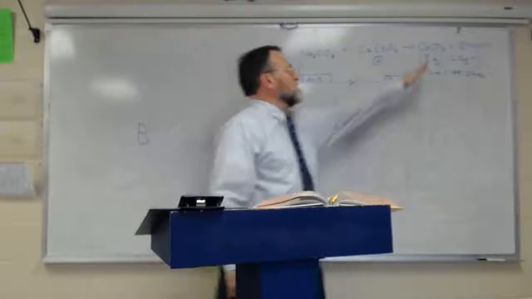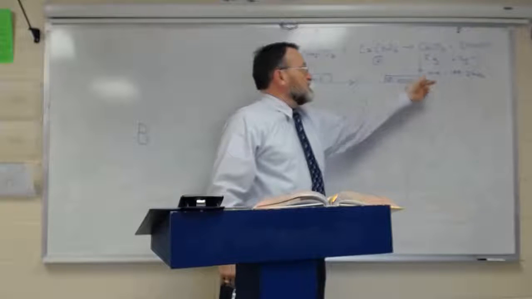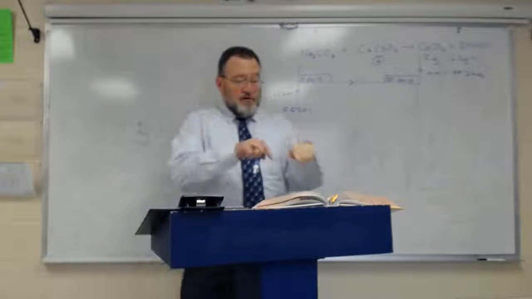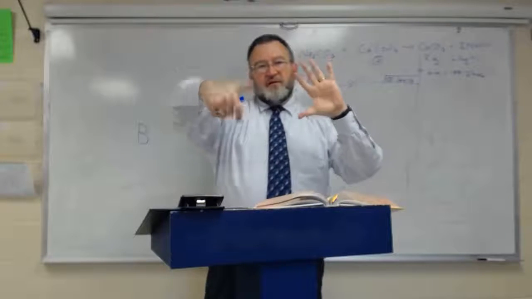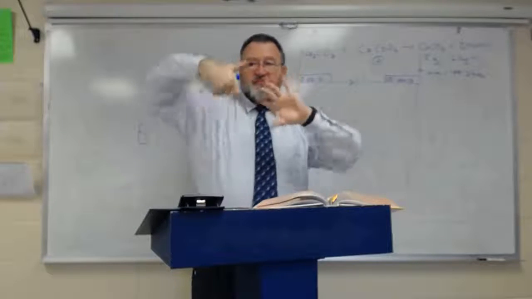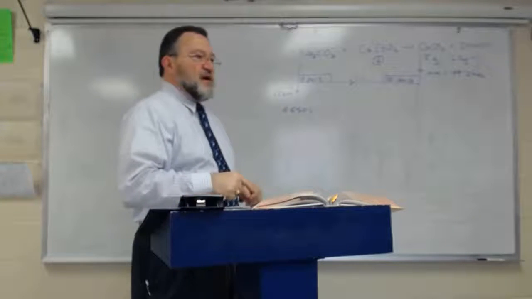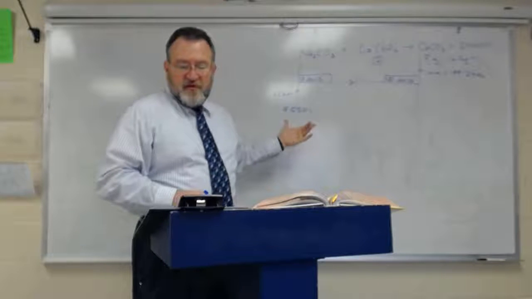If I were over here working this way, what would my processes be? From here to here would be division. From here to here, division. Now in the text, it's going to look like multiplication, but it's going to be inverted. Remember, to divide by something is to multiply by the reciprocal. As a matter of fact, in the second one, we do just that. We move from a mass, and we're going to move back over here towards a volume.